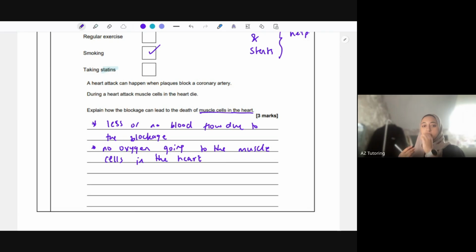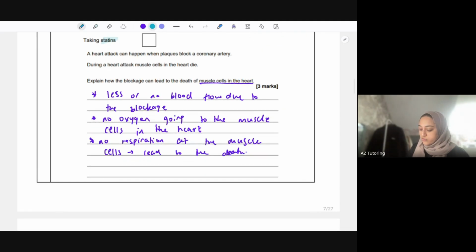If no oxygen is going there, then there's going to be no respiration at the muscle cells, and that in turn leads to the death. If something can't respire, remember the equation for respiration, always refer back to it.